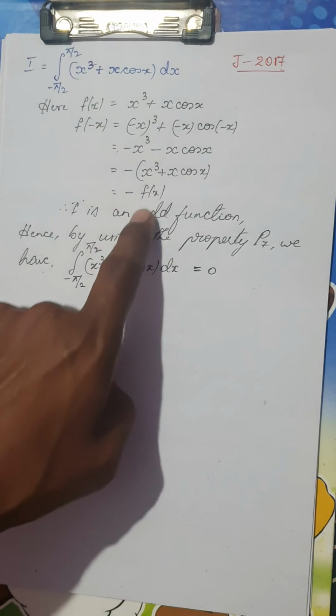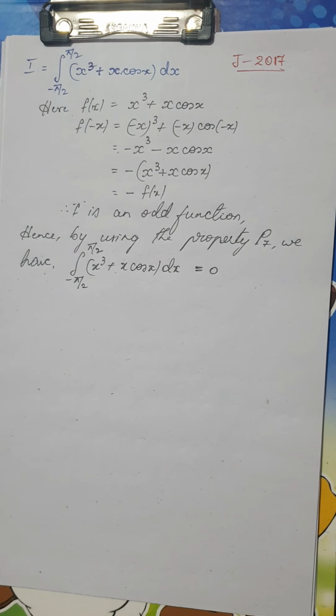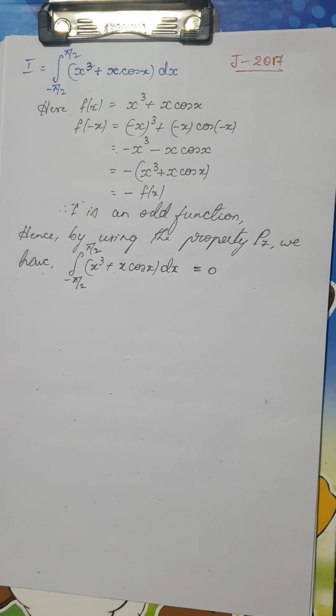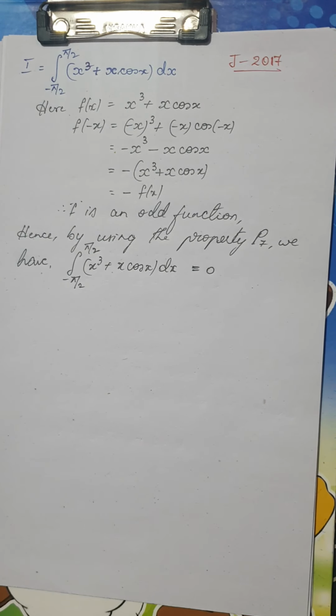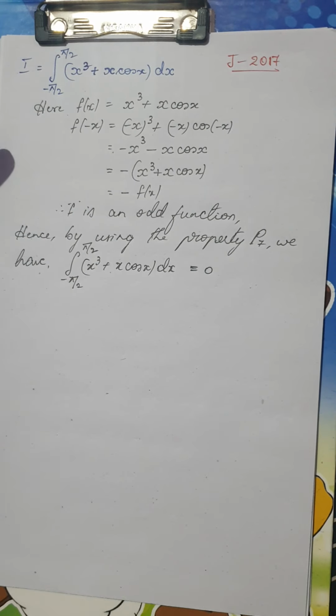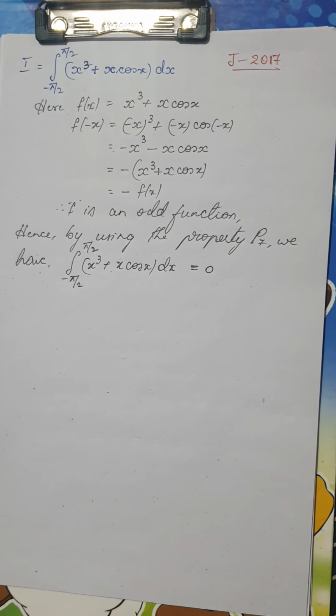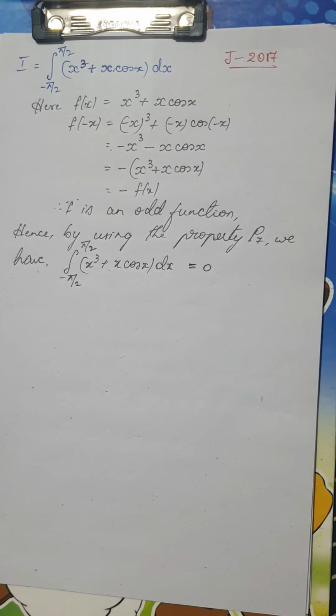For an odd function, the integral will turn out to be 0. Very simple proof. Only thing is the property is quite lengthy, but the problems related to it are very simple. So it's up to you to take a choice in attempting this question for 6 marks. Okay, so shall we move to the next question related to this property?